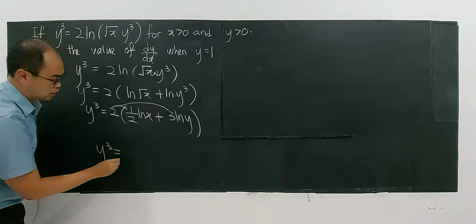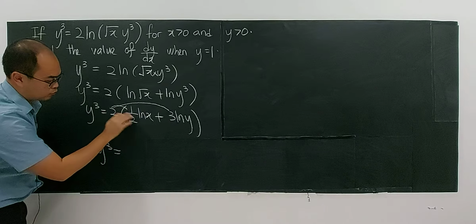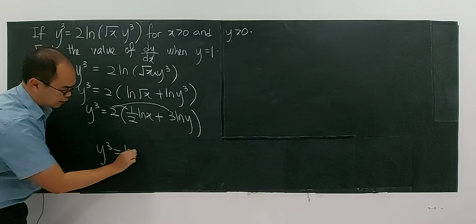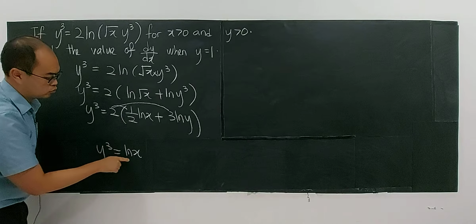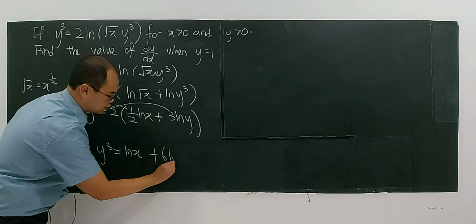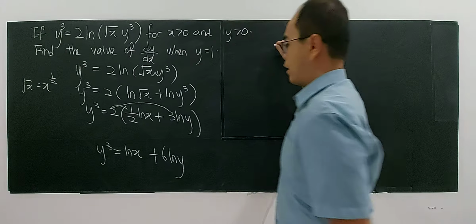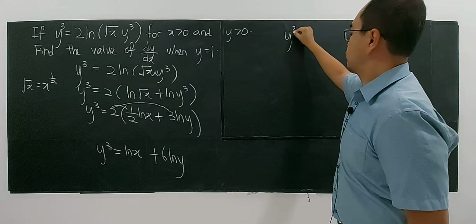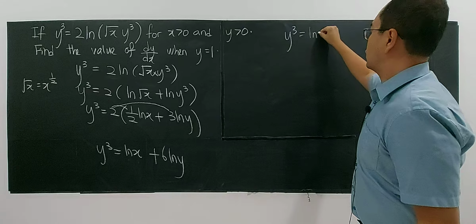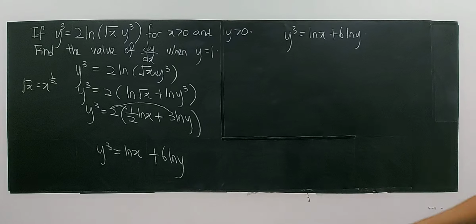So 2 goes into the bracket: 2 multiplied by 1/2 ln x, plus 2 times 3, 6 ln y. So we have y cubed equals ln x plus 6 ln y.